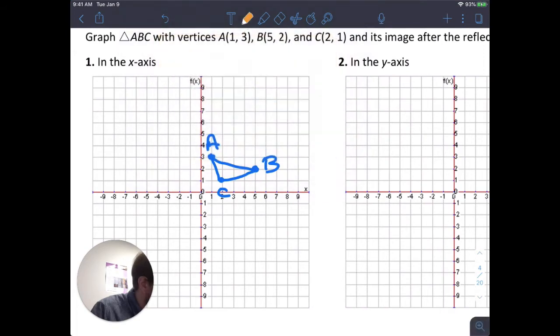So if I graph the image here, if A is 3 points from the x-axis, then I would go 1, 2, 3, and that would be A prime. Same thing for B and C. B is 2 from the x-axis, and so B prime would be 2 on the other side.